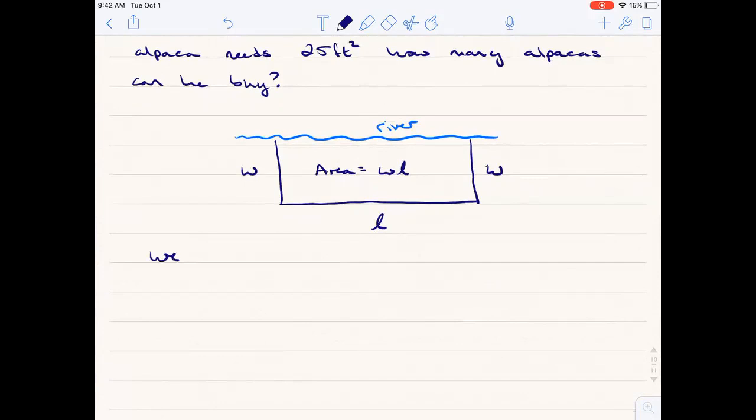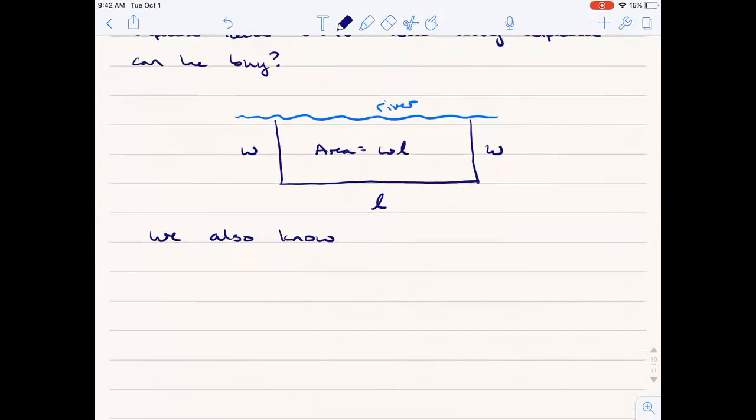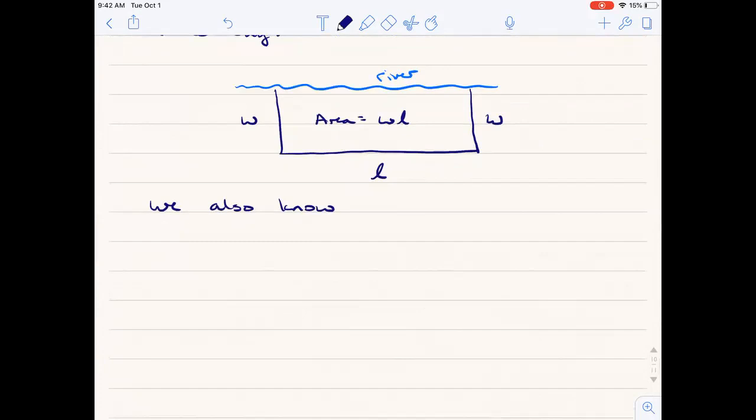We also know that the total fence that we can have, so W plus L plus W, has to be 200 or less. So W plus L plus W has to be less than or equal to 200. Because we're trying to maximize this thing, we should probably just let it be 200.